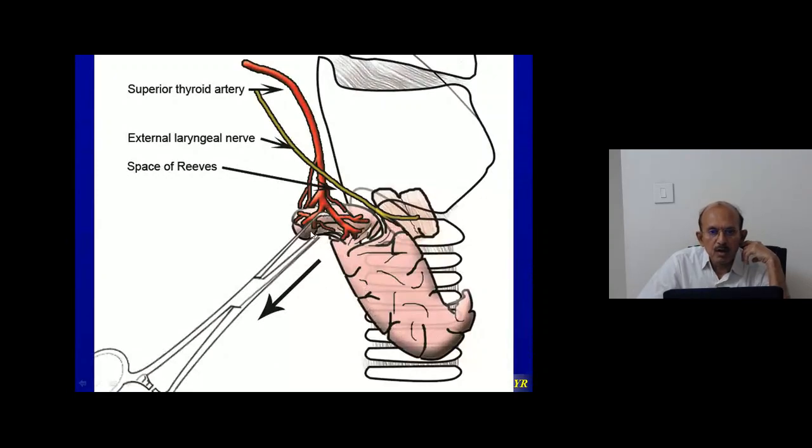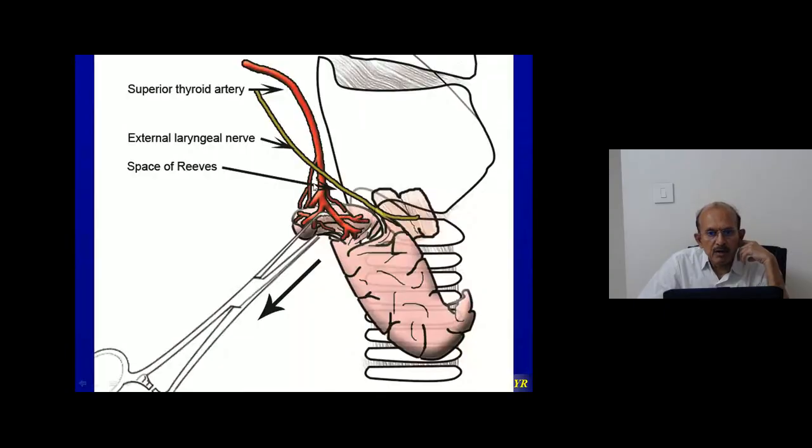If you hold the superior pole of the thyroid gland and retract it medially, laterally and downwards, then what? The loose areolar space between the cricothyroid muscle and thyroid gland is called the space of Reeves or cave of Reeves.